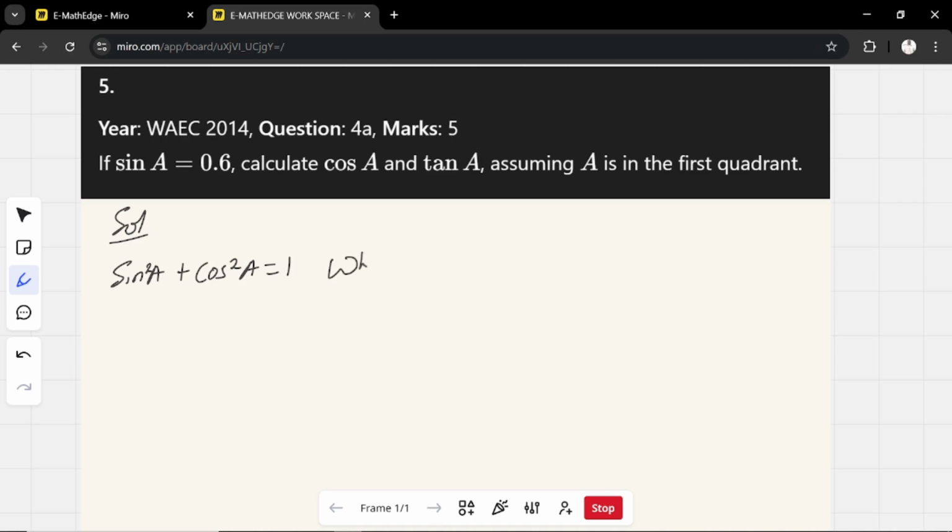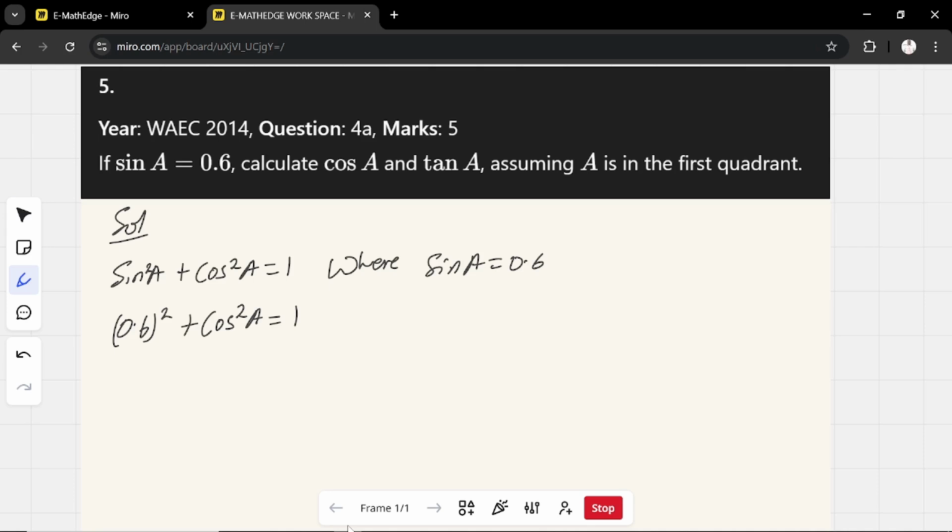Now, where we have sine A equal to 0.6, we are going to substitute the value 0.6 in place of sine A. So let's quickly do that. Here we have 0.6 squared, mind you, is sine squared A, so it's going to be 0.6 squared plus cos squared A equal to 1.